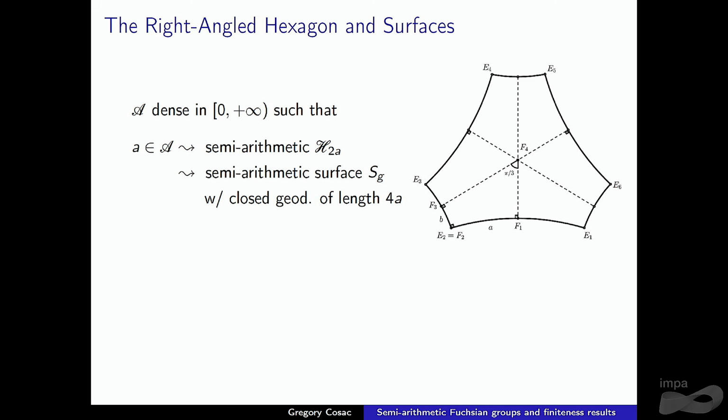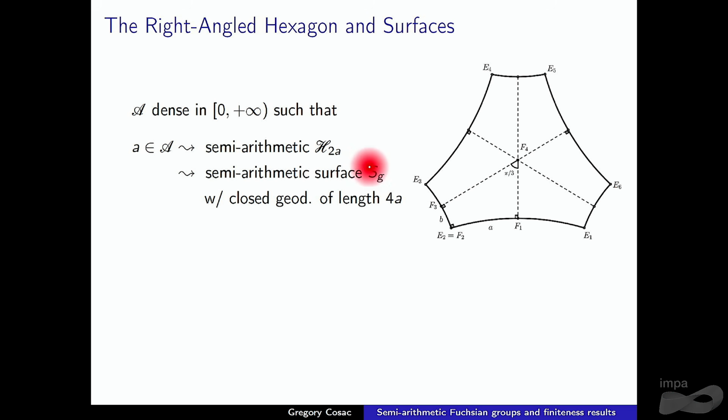In fact, if you consider calligraphic A to be the set of positive real parameters that you're choosing from, that lead to a semi-arithmetic group, this set is actually dense in the positive reals. So you choose any of these parameters, you get a semi-arithmetic H.